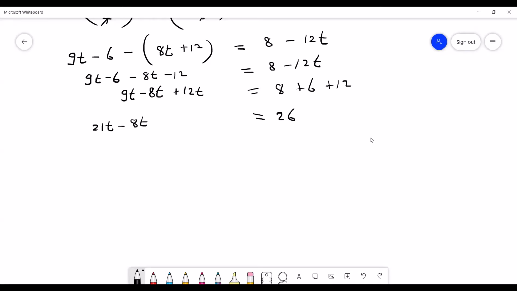Now 21 minus 8 we have to do. So that is 13. 13t is equal to 26. So t here is 26 divided by 13. So we are getting the answer as 2. t is 2.